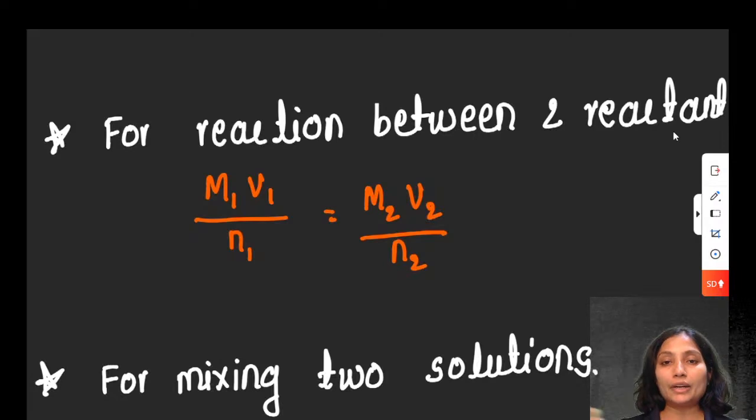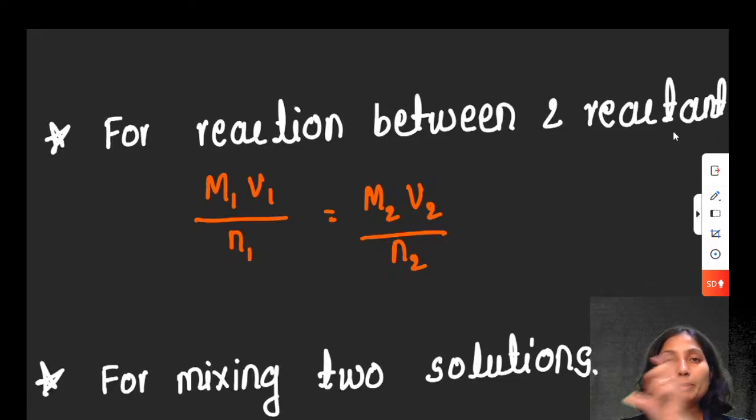For this, the important thing is to write the balanced chemical equation. Once you write it, you will get the values N1 as well as N2. It's not normality, don't get confused. Sorry, it's not number of moles, don't get confused.